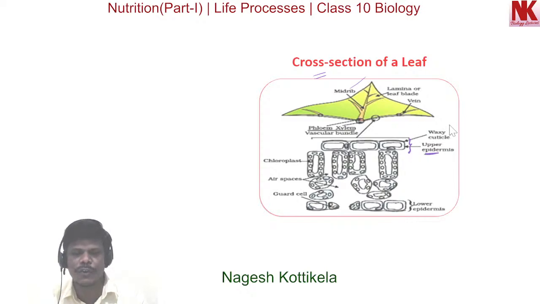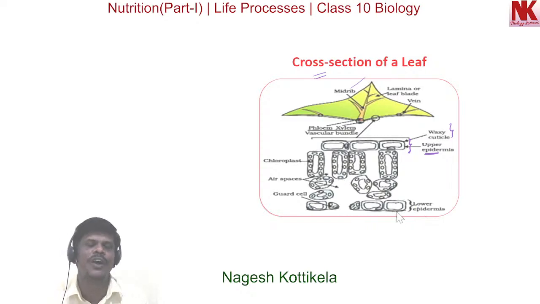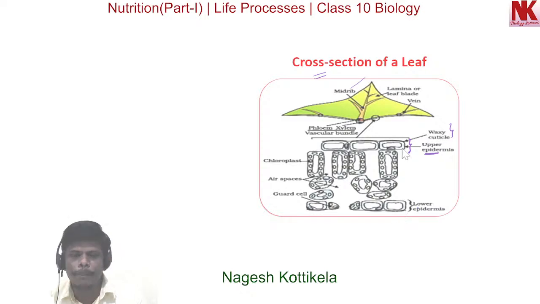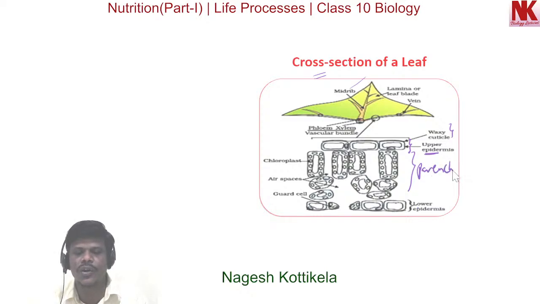Above it you will find the waxy cuticle. This one is the lower epidermis, and below that you will find one more waxy cuticle. Between the two epidermal layers you will find these cells, which are called parenchyma cells.